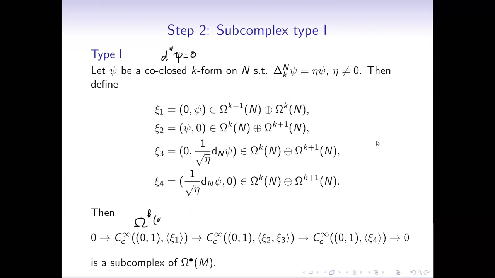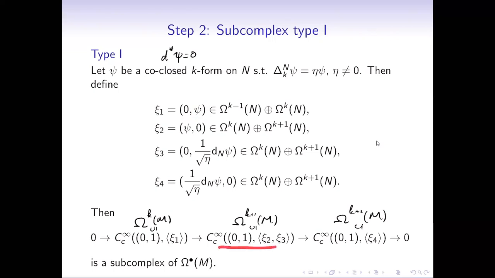This is in Omega^k of M. This is part of Omega^(k+1) of M. And this is inside as well. Right, because psi 1 is 0 psi, so we have a k-form in the second component. So that's a k-form on M.